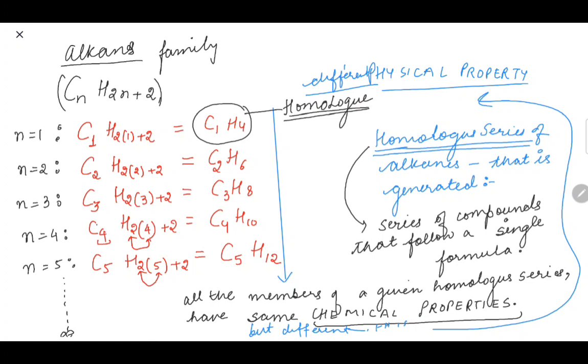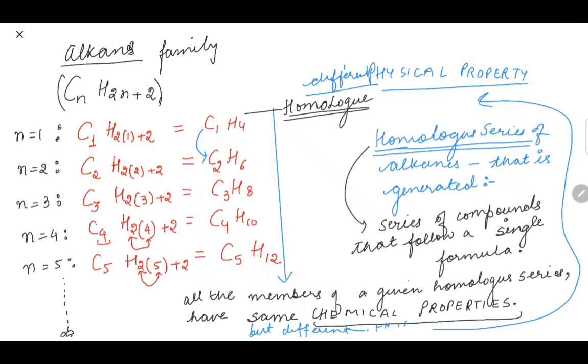So I would say this is my first homologue, CH4. C2H6 shall be my second homologue. C3H8 would be my third homologue, and so on. Now just see, if you move from one homologue to the next homologue, do you see that there is an increase of one carbon?